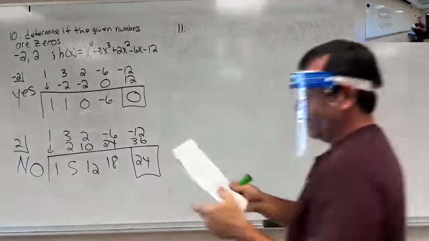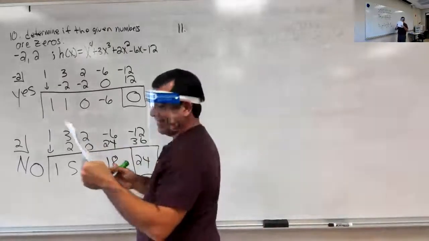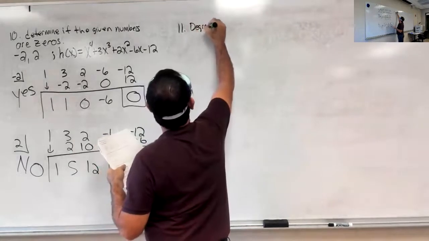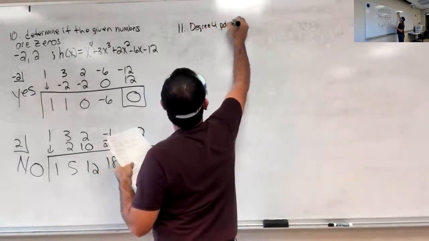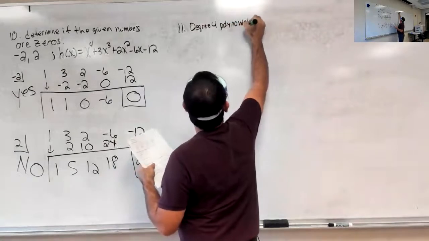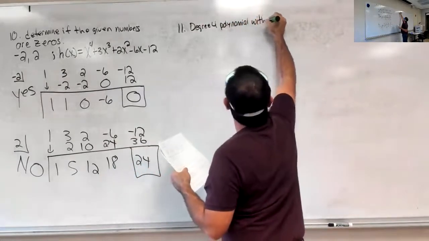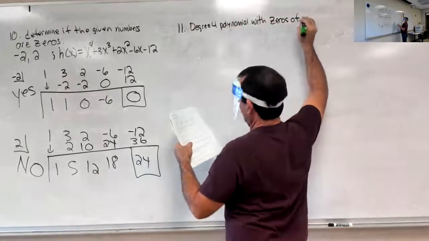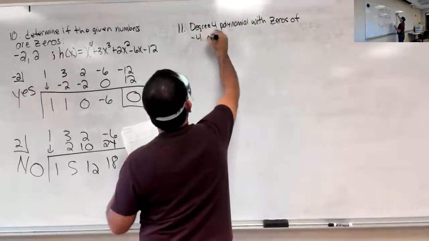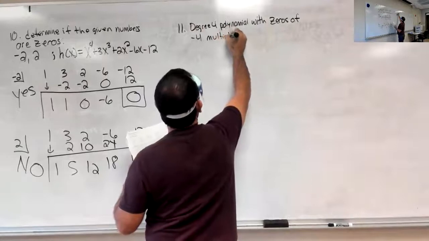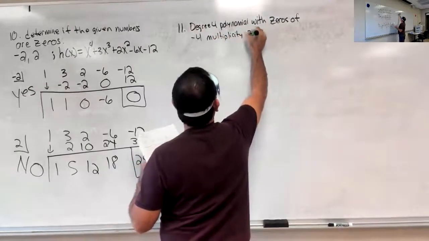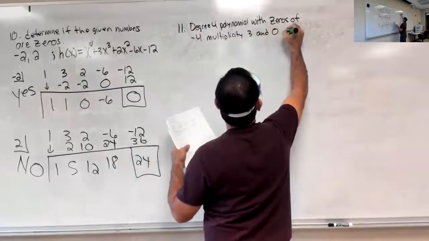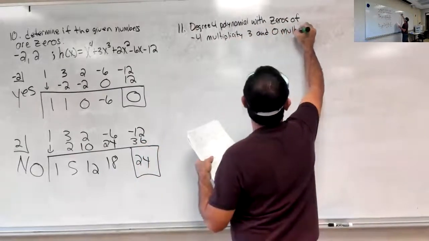Oh no, these are the ones y'all love, love, love. Find me a degree 4 polynomial with zeros of -4 multiplicity 3 and 0 multiplicity 1.